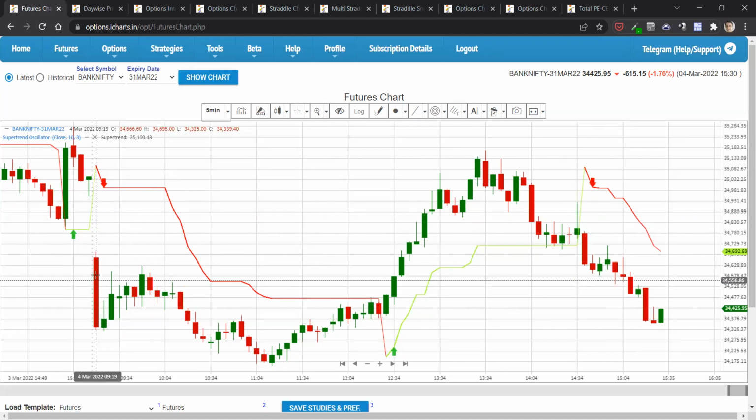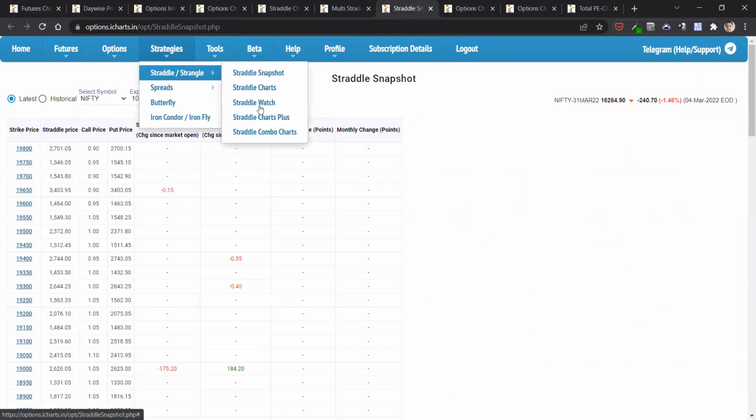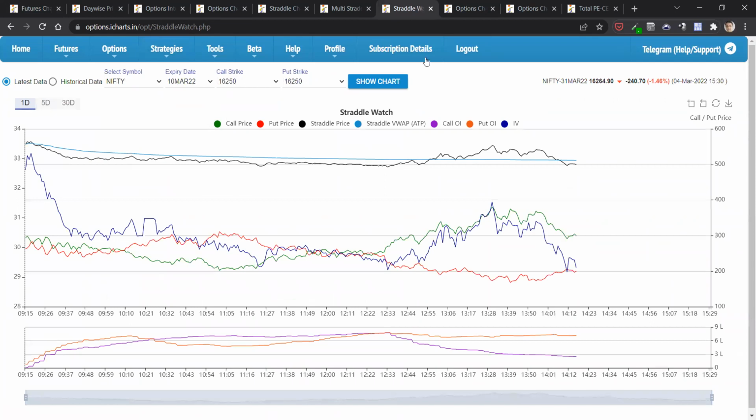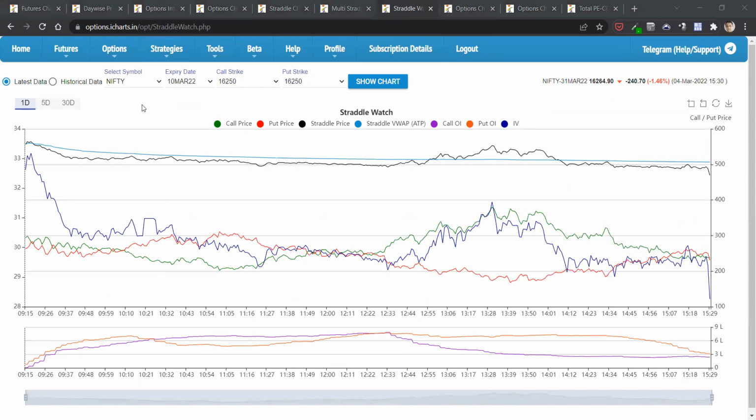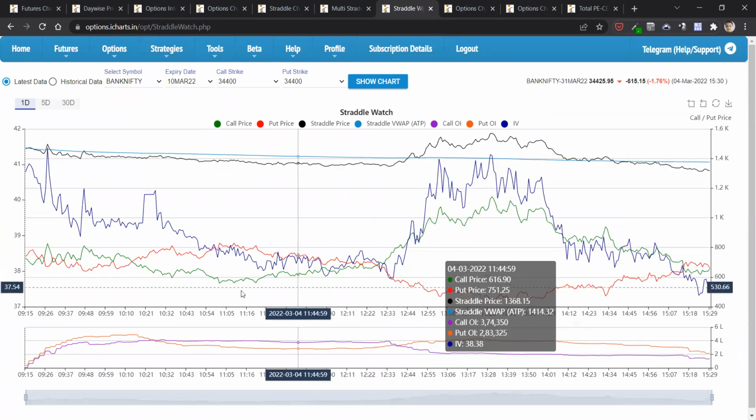Okay, after 5 minutes, you have initiated over here, say at 35,339, so maybe 34.4 you have initiated. I think if you go to Straddle Watch, it will be a lot clearer. Straddle Watch, Bank Nifty, 34.4, 10th March.